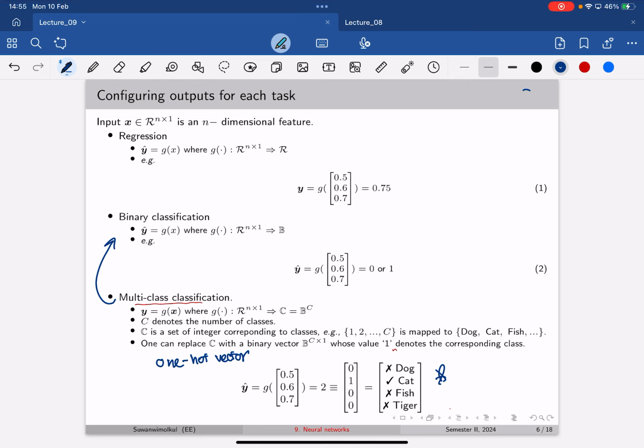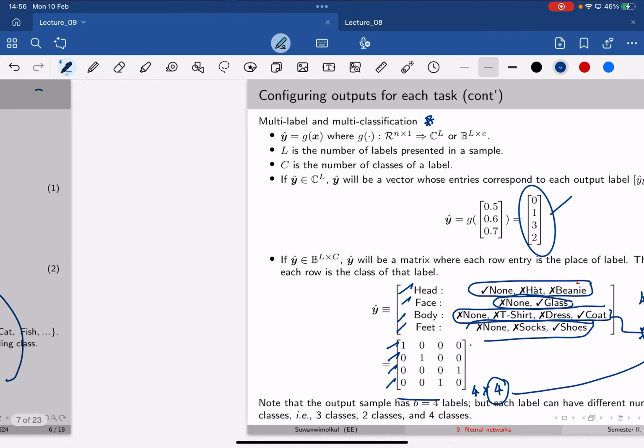When we do multi-class classification, we can use a binary vector. So whatever we have here, we can extend to here. Or if we start from multi-class, we can always go back to what it would look like in binary classification, in terms of the loss function.